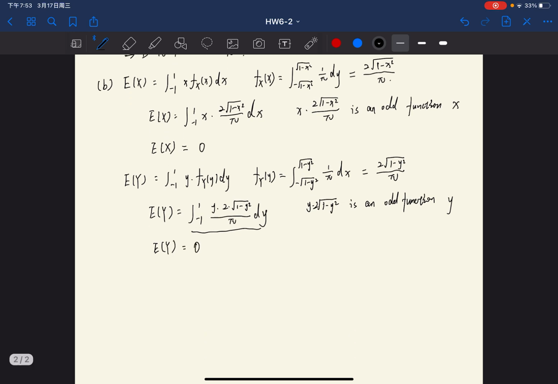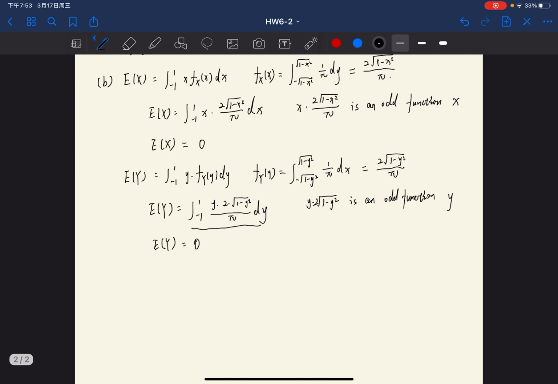And then we want to calculate the conditional expectation of x when y is equal to little y.